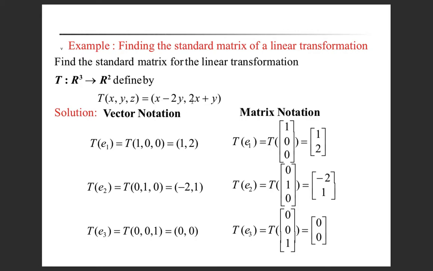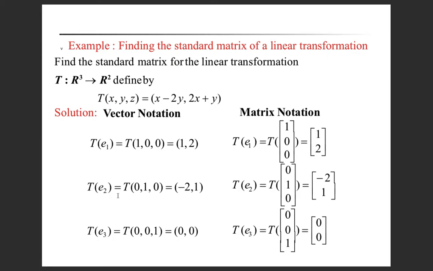For the second component, 2x plus y means 2 into 1 plus y, which is 0, so 2. So T(e1) is equal to (1, 2). And in matrix notation we can write T(e1) equal to T(1, 0, 0), this is the basis, and (1, 2) is the resulting vector.